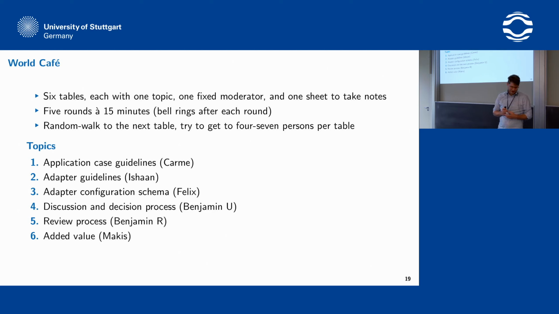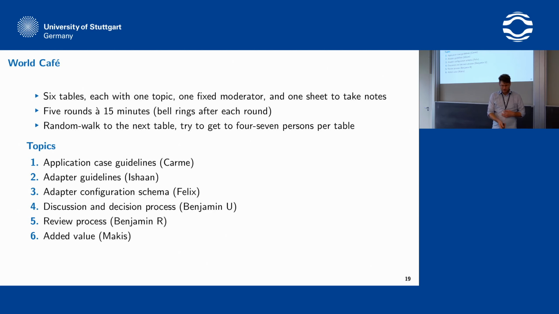Yeah, that would be table 2 or table 6. You can also mention it. Isn't it part of the review process in table 5? Just to clarify this again, topic 4 will be what happens till next year. So how can we all agree on this process?